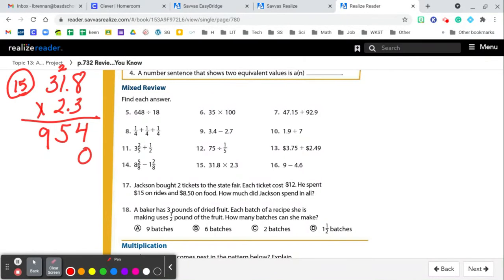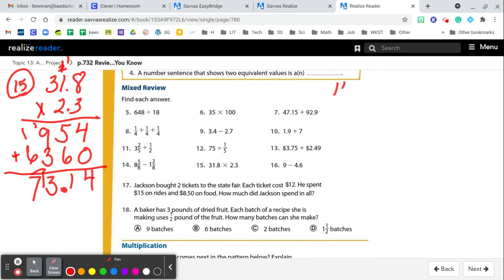We're going to shift over. 2 times an x is 0 there. 2 times 8 is 16. Carry the 1. 2 times 1 is 2, plus 1 is 3. 2 times 3 is 6. We're going to add that all together. And remember, we have 2 digits in decimal place value in the problem, 2 in the answer, 73.14.